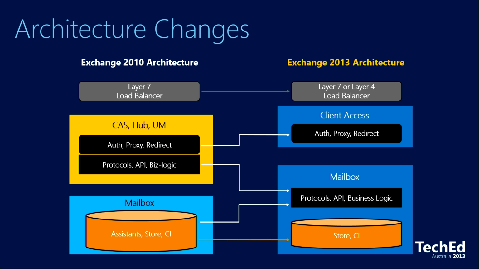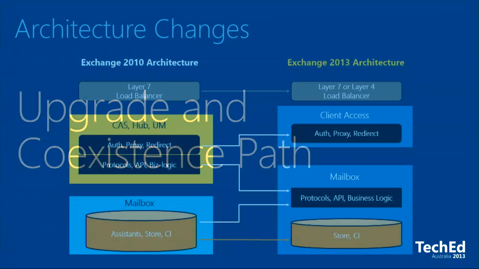CAS, in fact, without Mailbox is completely useless. You can't even connect to it because it's Mailbox that provides the remote PowerShell endpoint. And then, of course, the information store is still in the Mailbox, as is our new content indexing engine that we call Search Foundation, the same search technology that we're using across Exchange and SharePoint. That also includes a federated search API as well.